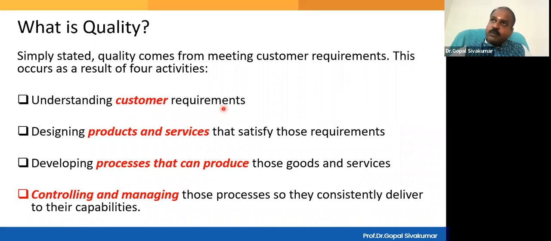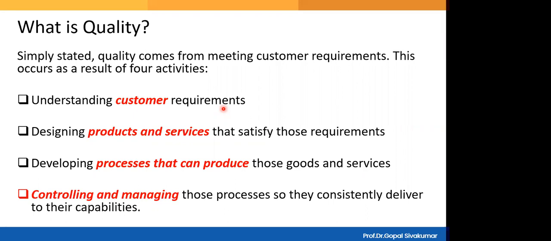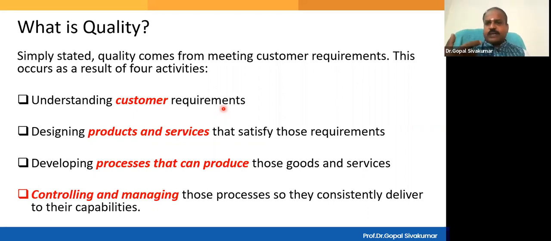Do you think all the mobile users will be my customer? No. People who could afford a mobile phone in the price range of, let us say, 12,000 to 18,000. Those people are my customer segment. So you should have clarity on your customer first. Customer segment in terms of their affordability, in terms of their requirement, in terms of their geography. There are many aspects to understand the customer.